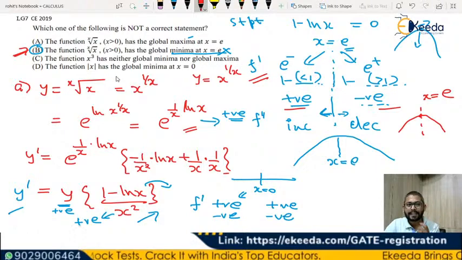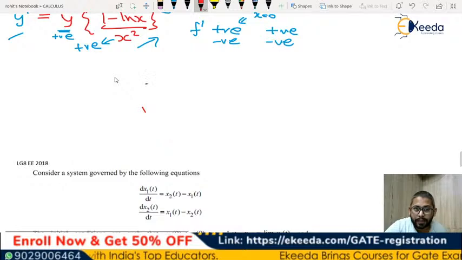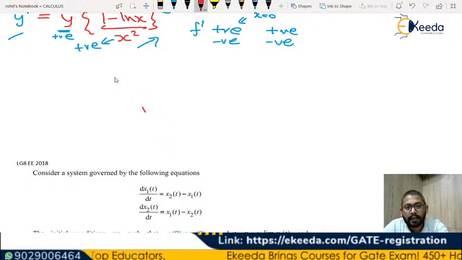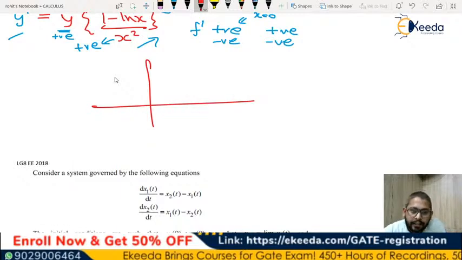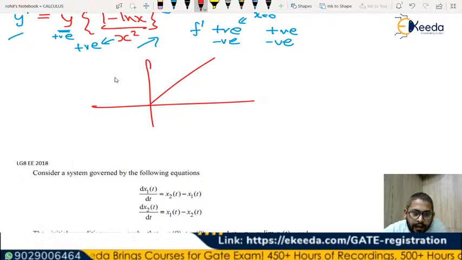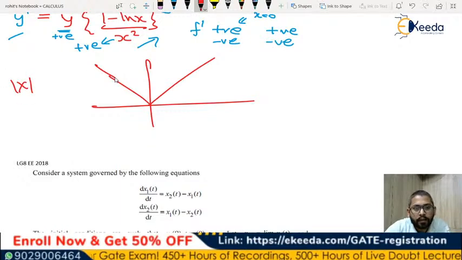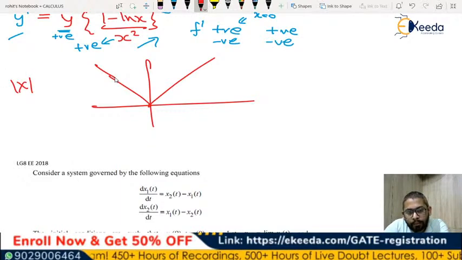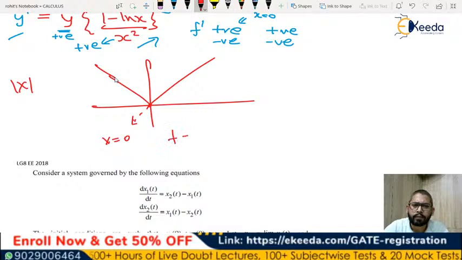D option says it has a global minima at x equal to 0. You must know the difference between local minima maxima and global maxima minima. x cube mod x has a graph of this, and it is going to have a minimum value at x equal to 0. x equal to 0 will give you f equal to 0.